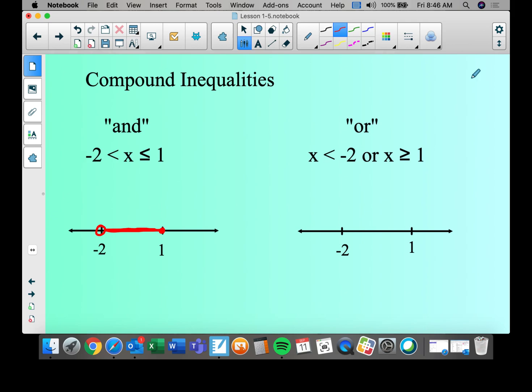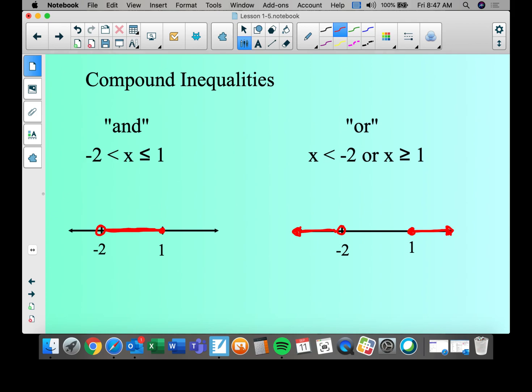Then if you take a look at an OR type of inequality, this one is actually written with an OR in it. When you get to your problem, when you get to your solution, it'll all be there. And so here I want the values that are less than -2. So open circle, and here are the values less than -2. And I shade the arrow because it would keep going. Or I want the values that are greater than or equal to 1. So we put a closed dot at 1, and there are the values that are greater than or equal to 1.